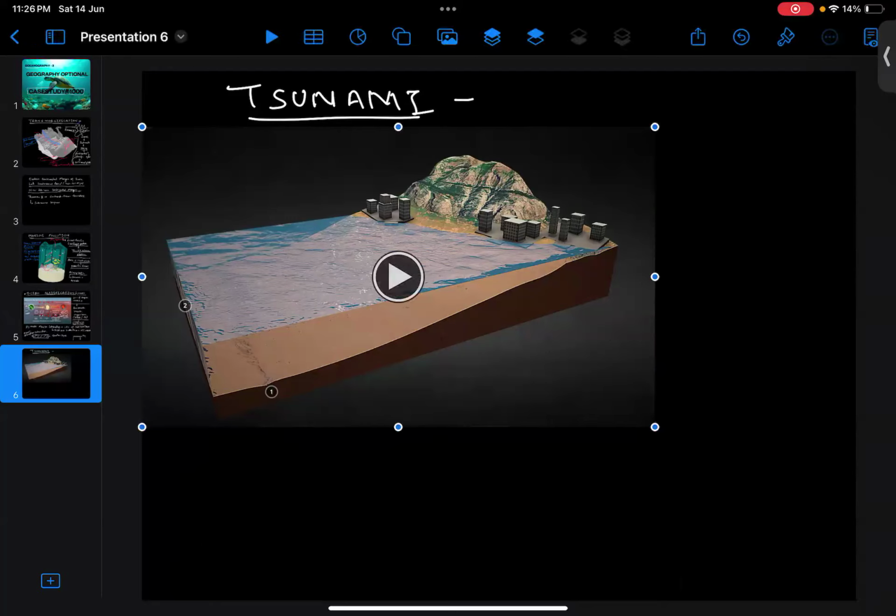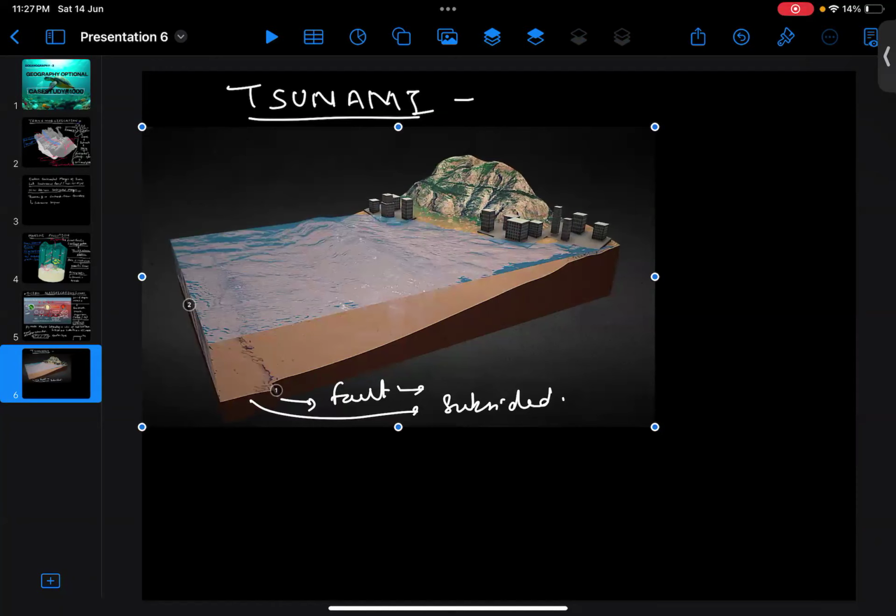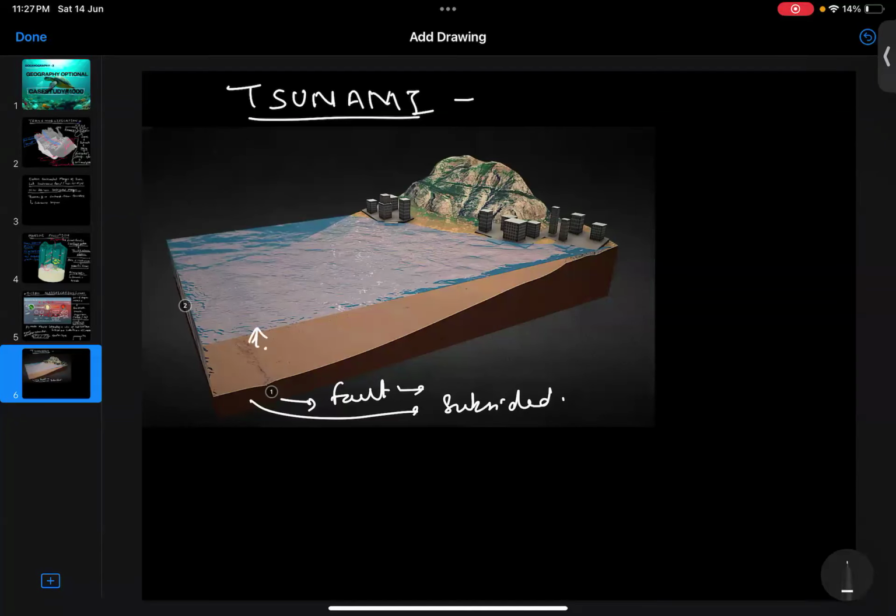Because of the subsidence, the water is uplifted and it has formed a particular wave. This wave is a mega wave, and this mega wave is getting converted into a tsunami.